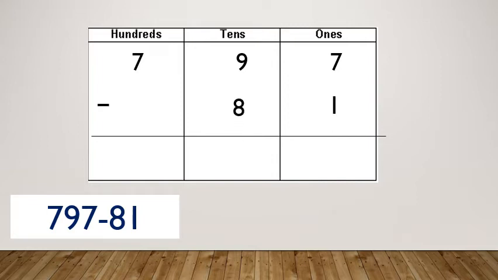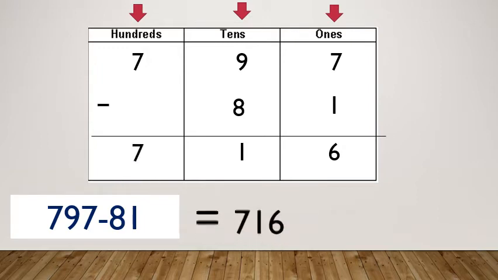Now subtract the ones column first. 7 ones minus 1 ones is equal to 6 ones. 9 tens minus 8 tens is equal to 1 tens. 700, it will remain the same. So the answer will be 716.